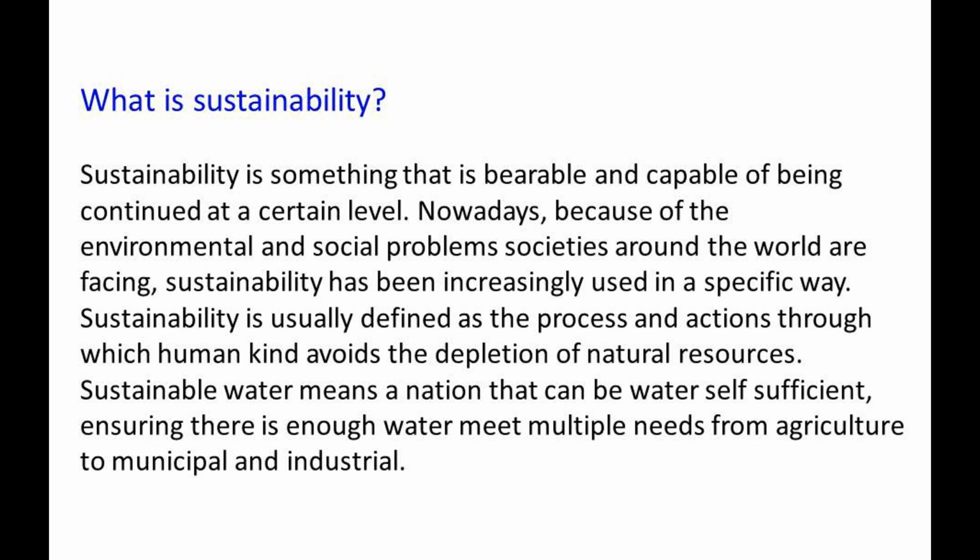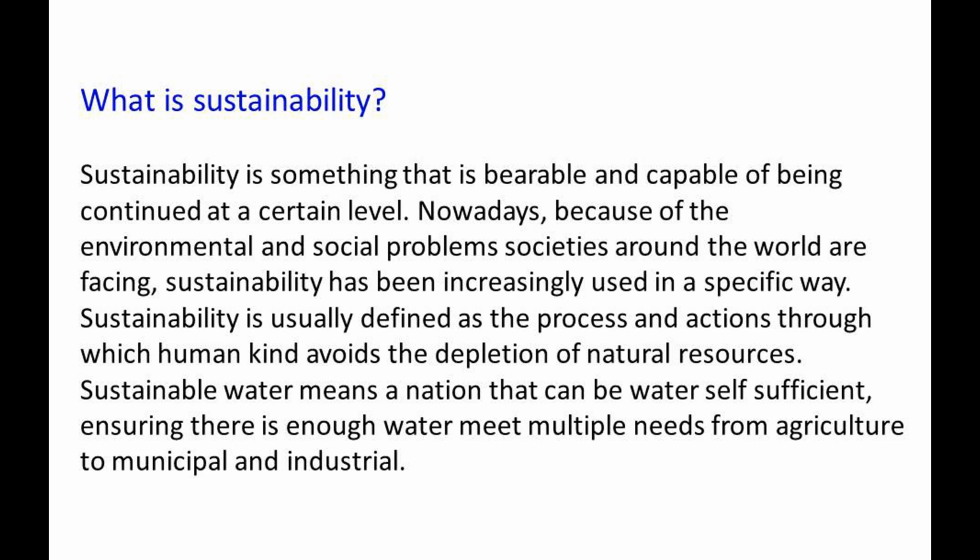Sustainability is something that is bearable and capable of being continued at a certain level. Students, what is sustainability?